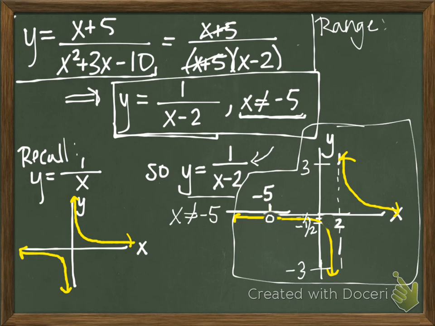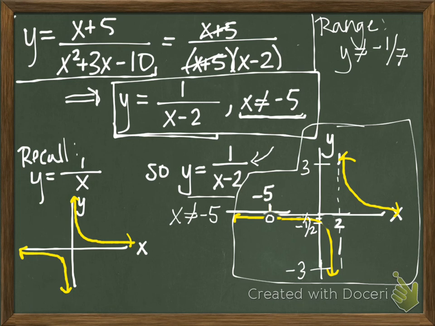And I stop as soon as there's a hole, or as soon as there's a y value that is not mapped to by this function. And so that happens right here when y is equal to negative 1/7. So y cannot be equal to negative 1/7, and that's because x is never negative 5.